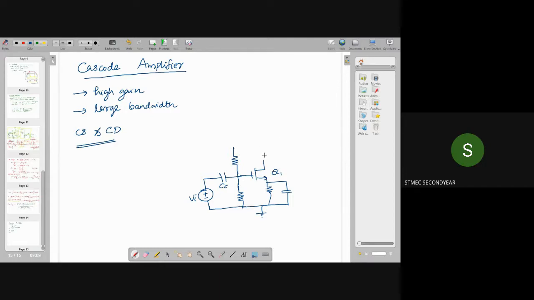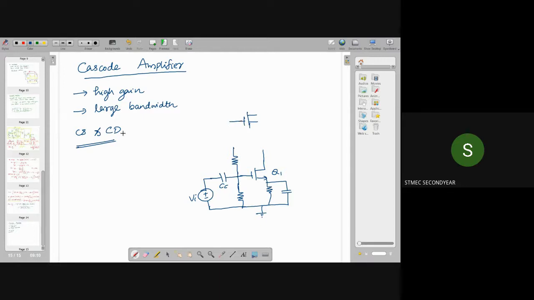And now to this drain terminal. Normally we are connecting this drain terminal to the load, right? To this drain terminal, we are connecting RD or some current source. We are connecting any load to this terminal. Instead of that, here we are using another stage of amplifier before connecting to the load.